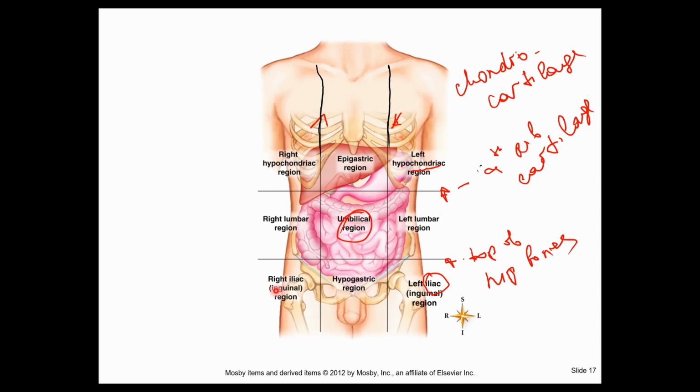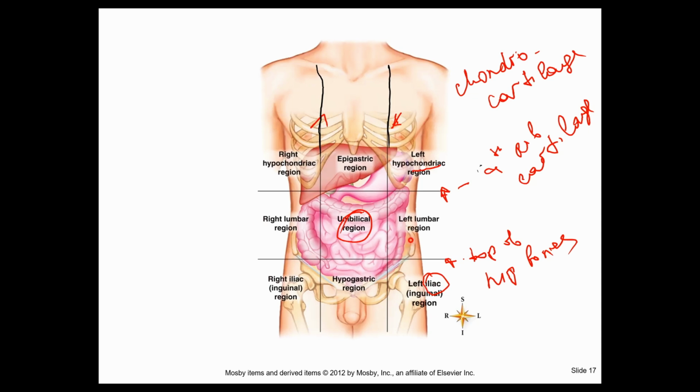Next are the right and left iliac regions, which are the inguinal regions. The name of this region is taken after the flaring part of the coxal bones. These are the pelvic bones. Another name for pelvic bones is coxal bones.